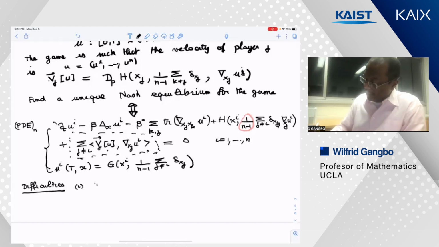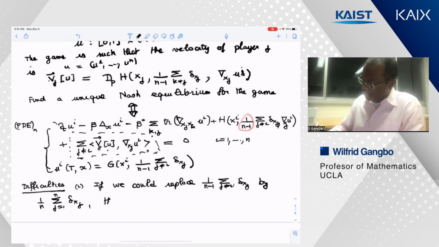So if we could replace 1 over n minus 1, the sum over j not i, delta S_j, by 1 over n, the sum over j from 1 to n, delta S_j, the system of PDE will be easier to solve.